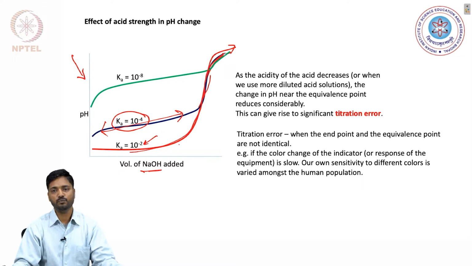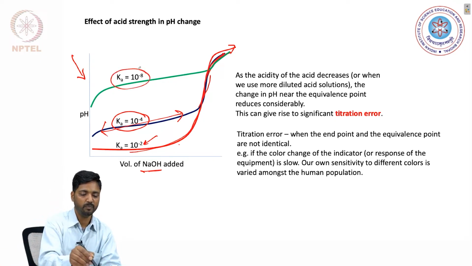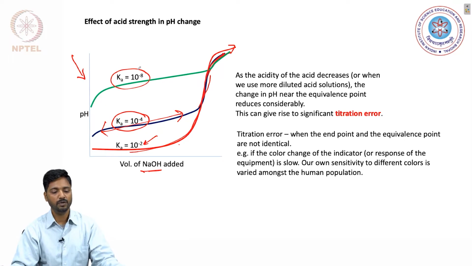As we work with an even weaker acid, for example, one with a Ka value of 10^-8, we observe that the change in the pH of the medium is really negligible, and it would be difficult to discern the equivalence point of this titration.